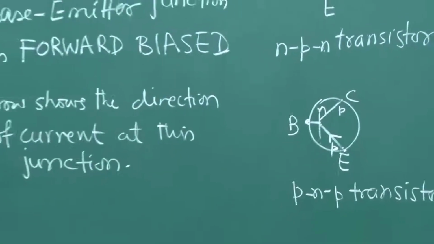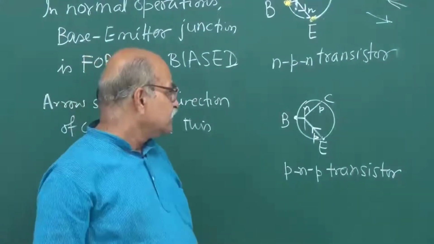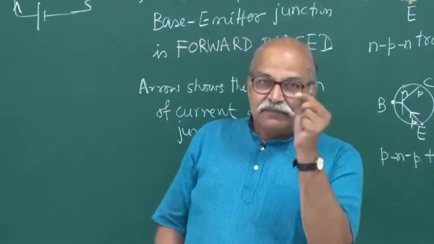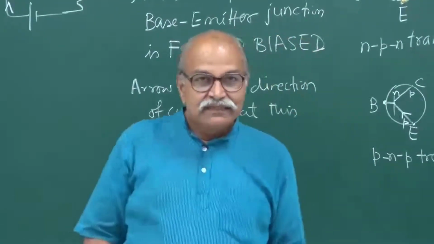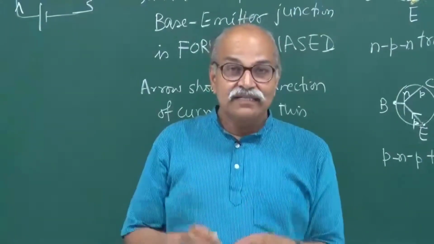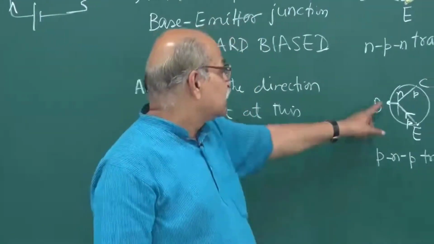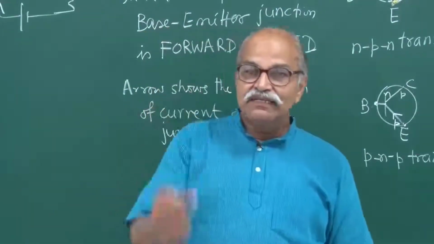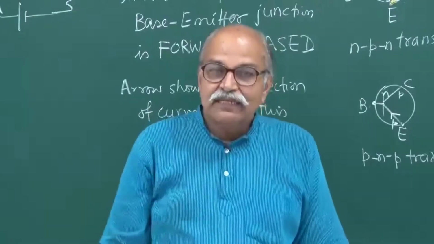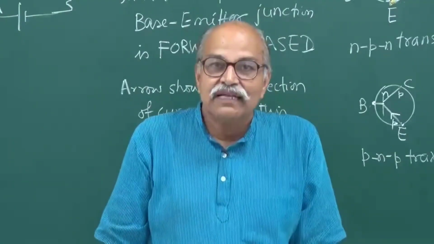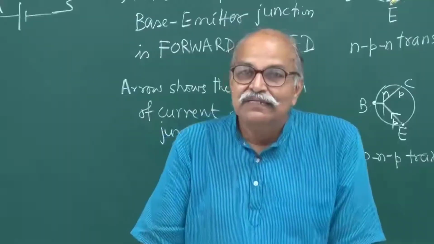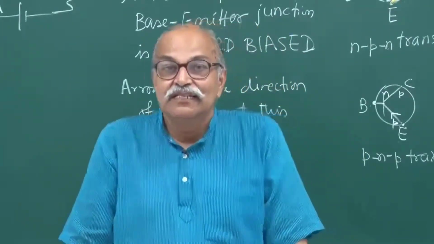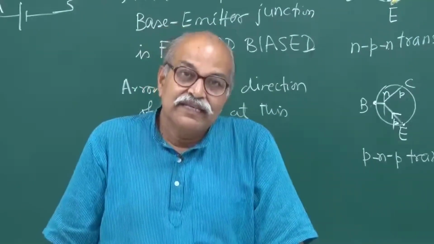So this is the symbol. Then if you look at a physical transistor, all this will be done in a very small area of a millimeter or less. Then it will be put in some protective covers, and you will have 3 contact points coming out. I showed you a PN junction with 2 metallic connecting leads coming out of it, and now I will be showing you a transistor from which 3 such leads come out, 1 for base, 1 for collector, and 1 for emitter.